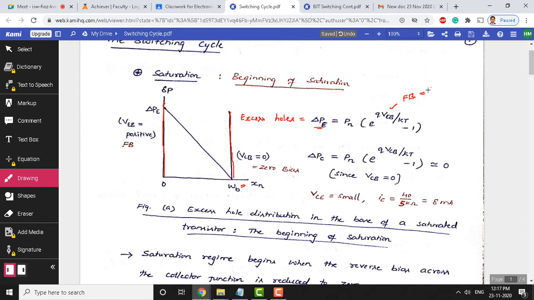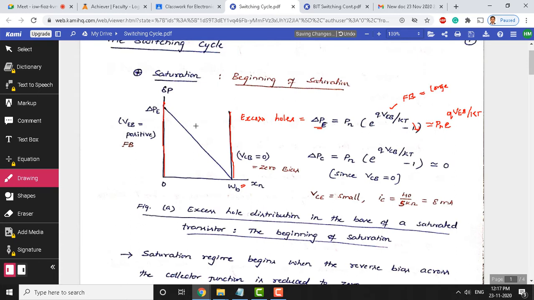Forward bias means a large voltage will exist at V b. So, e to the power of a large value definitely becomes very large, so the 1 can be neglected here. This equation can be approximated to P n times e to the power of q V b by k T. This is the equation for the excess holes at the emitter base junction.